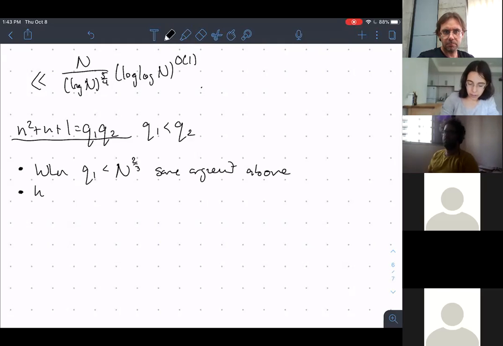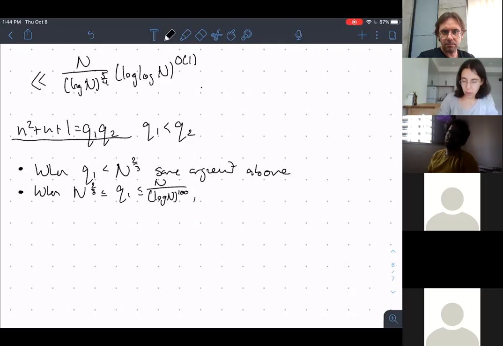And when the smallest prime factor is between n to the 2/3 and n divided by some fairly large power of log, like (log n)^100, you need to do something slightly more delicate, but a variant of the above argument works.